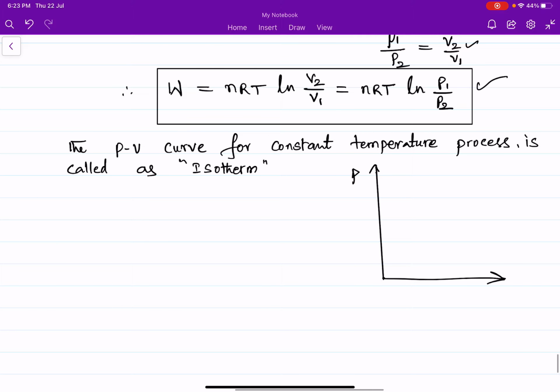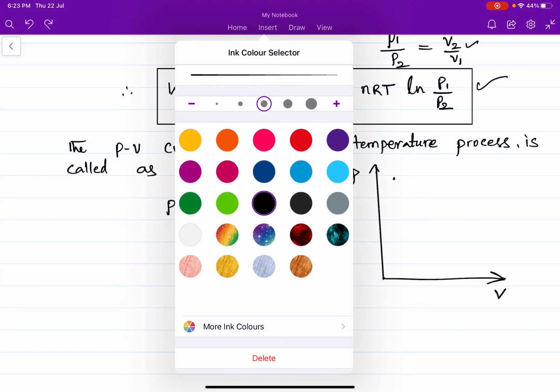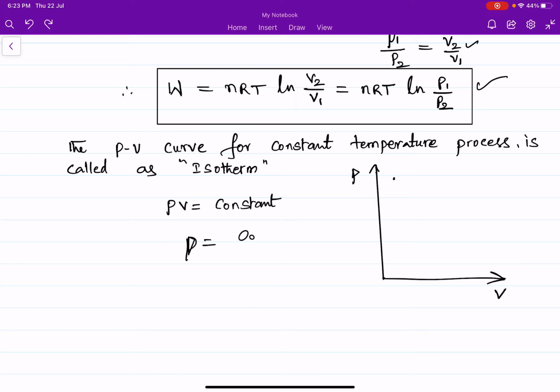I am taking pressure on the y-axis and volume on the x-axis. Since PV is equal to constant, P is equal to constant divided by volume.